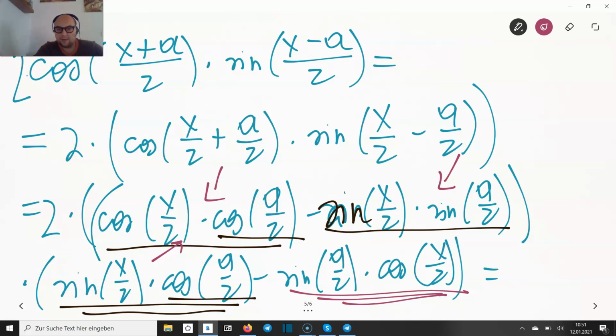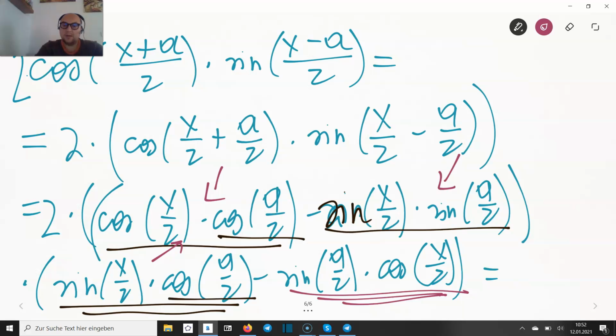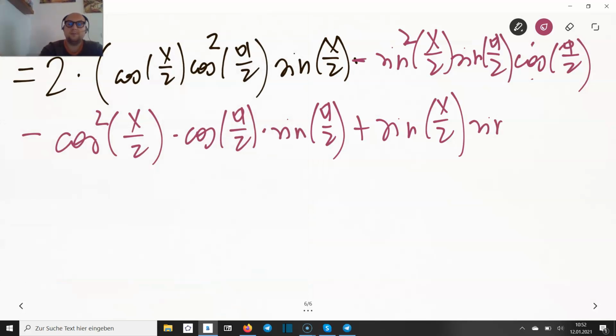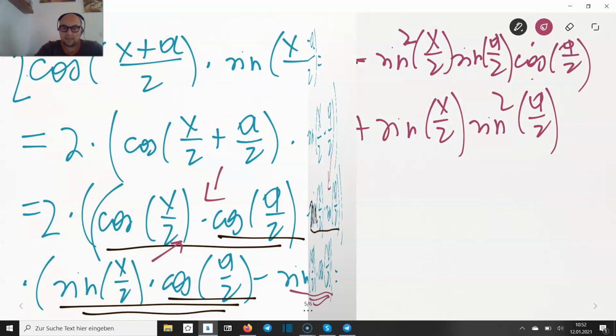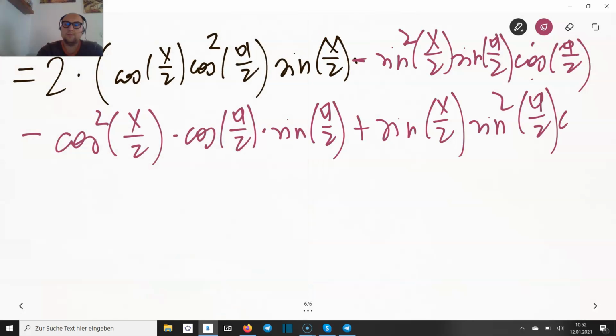And what we have is sine of a divided by 2. So we have plus sine of x divided by 2, sine of x divided by 2. We have sine squared of a divided by 2, and we are also having cosine of x divided by 2.